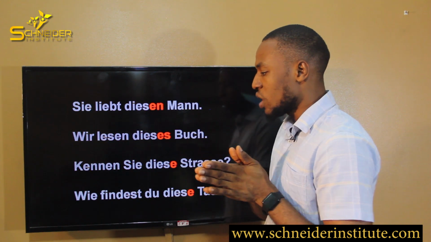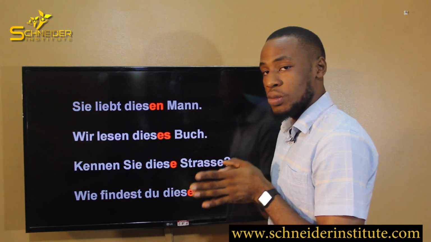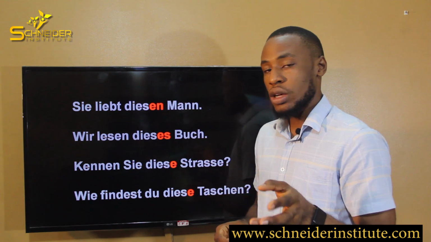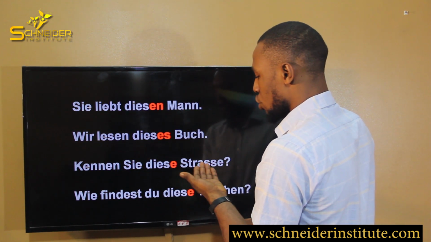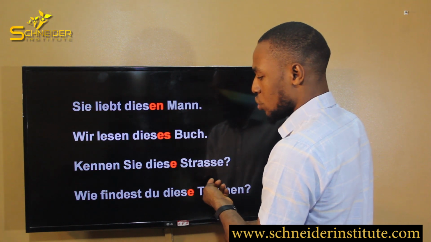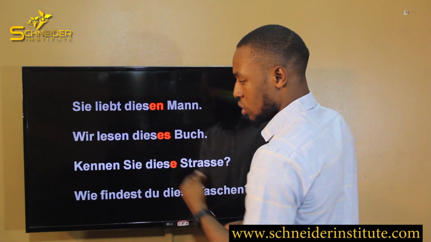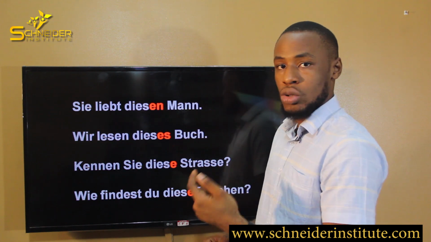Now, let's try to identify the subject of the sentence and the direct object of the sentence, since we're considering the accusative case. Here we have kennen Sie diese Straße. So the subject of the sentence here is going to be Sie. Do you know this street?